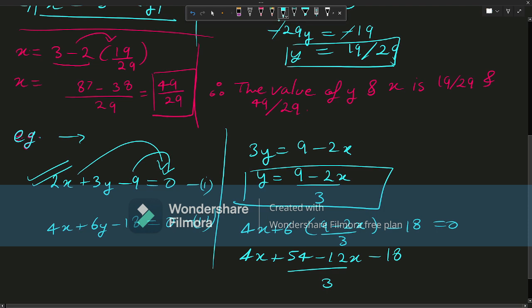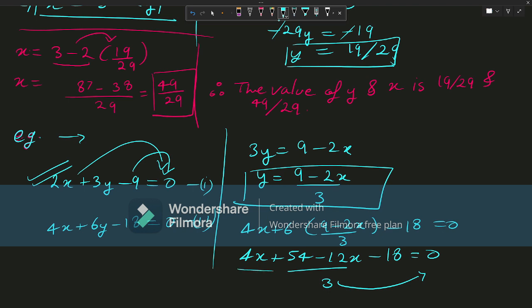Now I'm telling you a direct step. You must be wondering that if we have a 3 in the denominator, it will be a bigger number, so why not shift 3 to the RHS, to the 0 side, so it will be multiplied and become 0? Well, you can do that, but not like this. You need to first get 3 on the denominators of 4x and also minus 18.